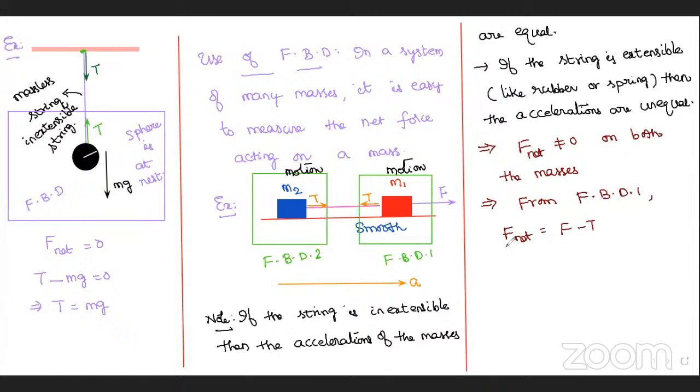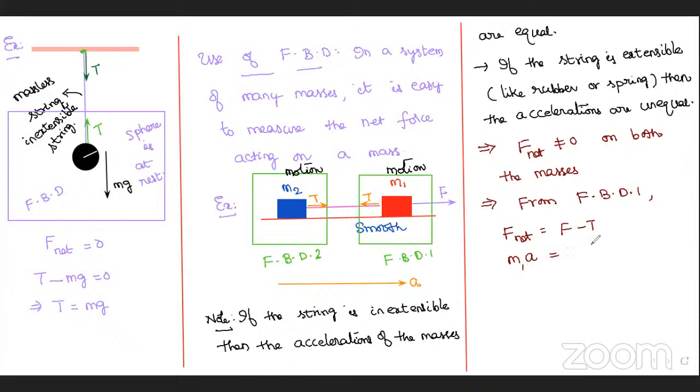It is F minus T, and F net, Newton already gave the formula: if mass is constant, F net equals mass into acceleration. Here the mass is m1 into its acceleration, common, as both move with the same acceleration.